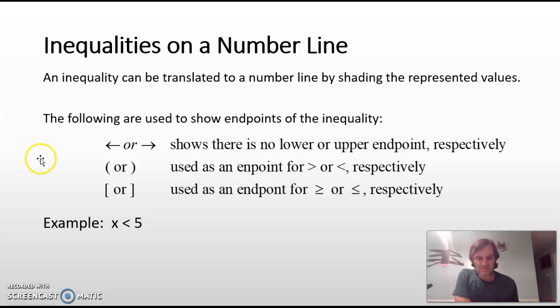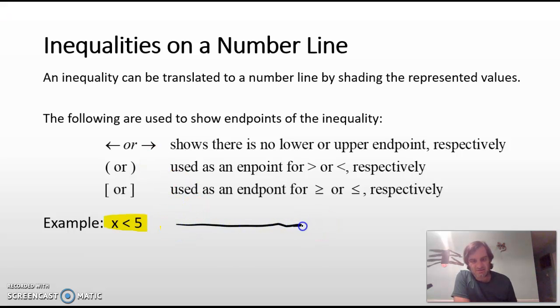So once we kind of understand that, we want to look at them on a number line. So we want to translate the statements we have into a number line representation. Here I have the example that we're going to work with where x is less than 5. And when we put it on a number line, we'll just go ahead and draw a number line and talk through it.